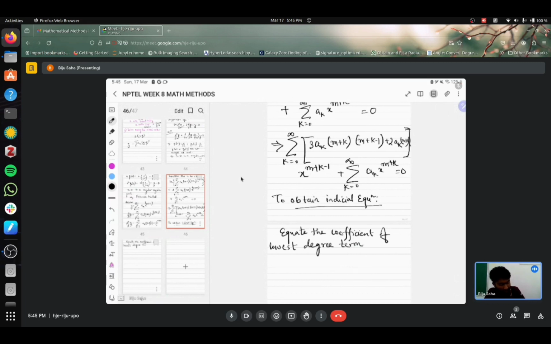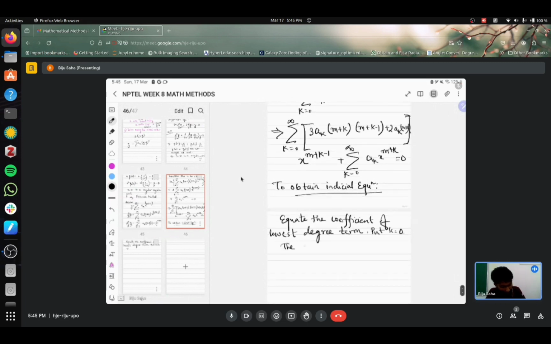Your lowest degree term can be seen if you put k equal to 0. When you put k equal to 0, the lowest degree term corresponds to x to the power m minus 1.